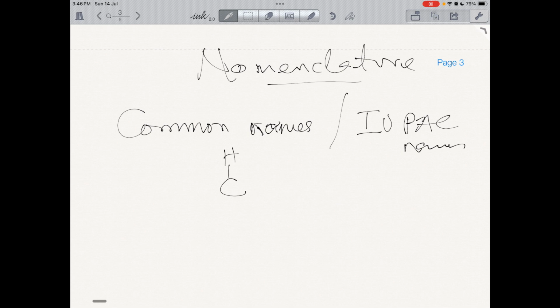For instance, if I have a compound CH3Cl, the common name would be to look for the name of the alkyl group and link it with the halide group. So this would be methyl chloride.